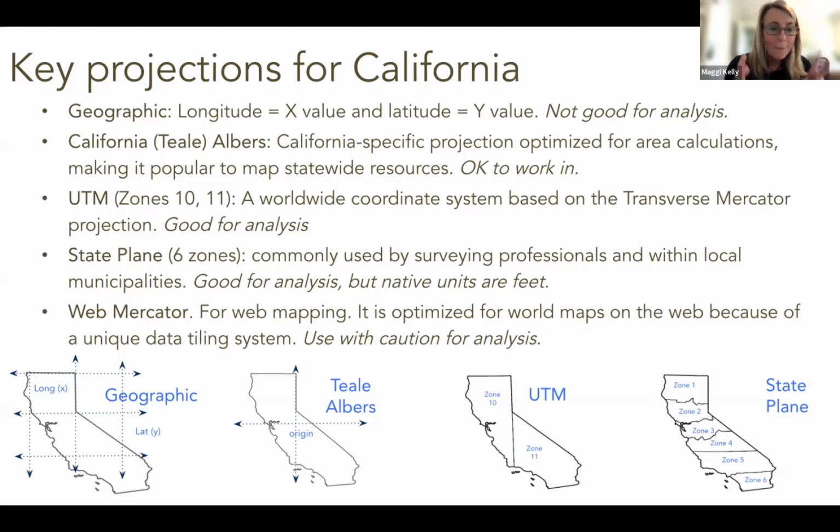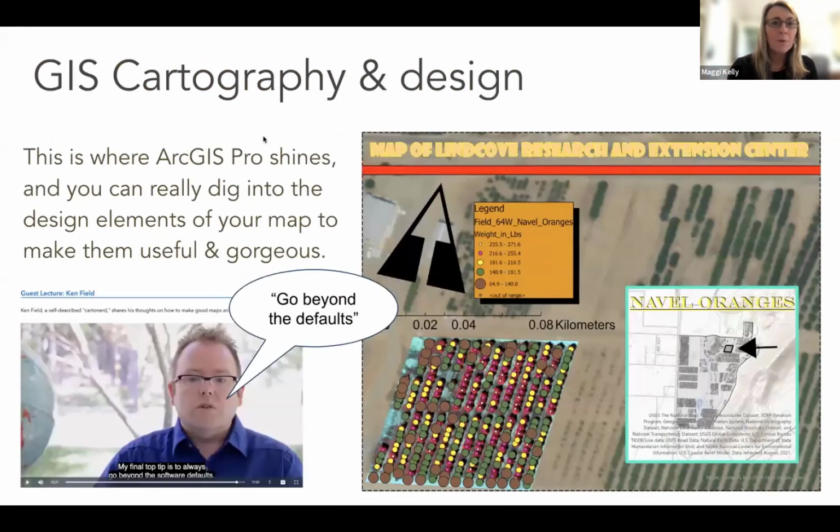And then there's Web Mercator, which is this web-based projection that a lot of web mapping applications use, and it's not very good for analysis. If you're going to be doing analysis, you want to pull your data into Pro and work with the projection that works for you. And you can go back and forth between these. There's lots of algorithms to switch between them. So that was a quick primer on projections, and now let's do a quick primer on design.